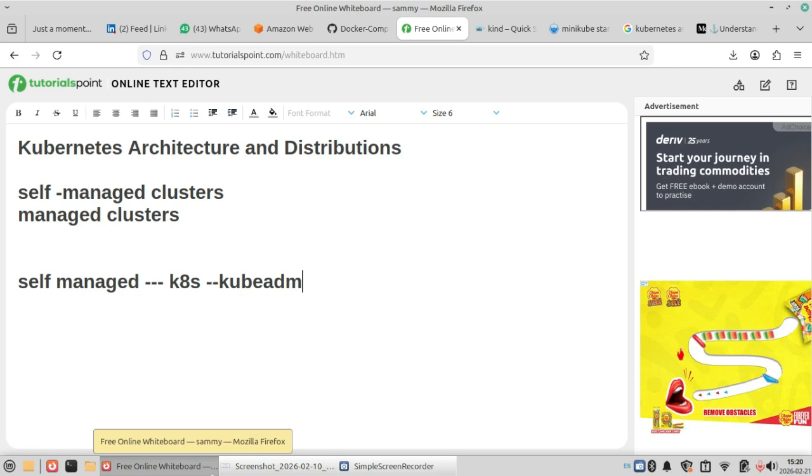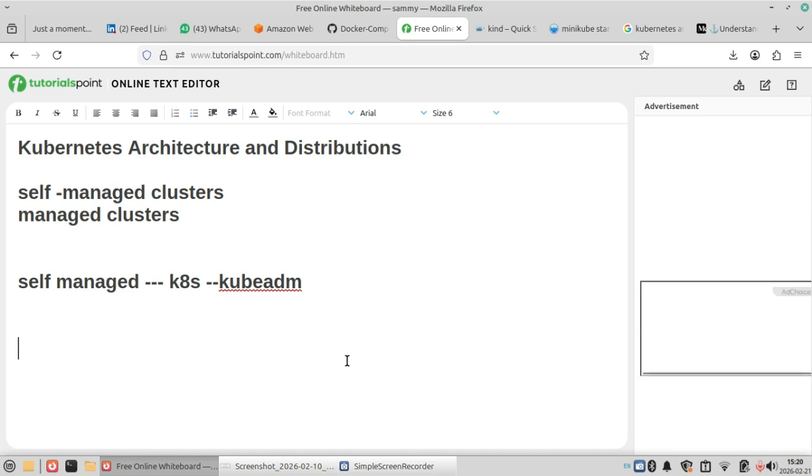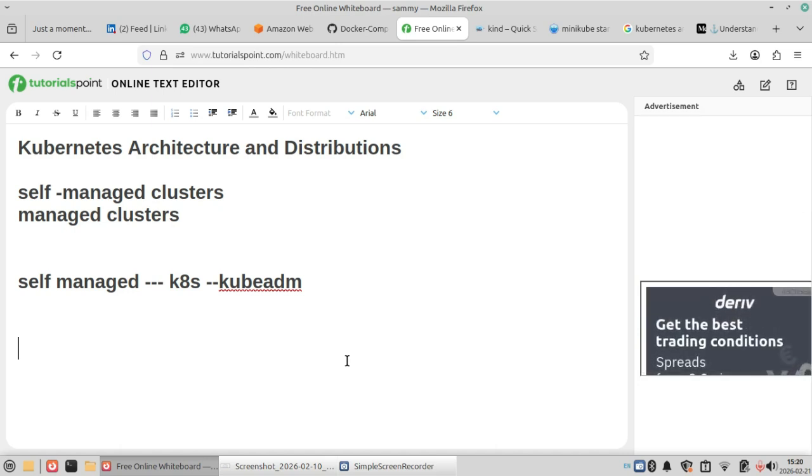Now, how about the managed clusters? In a managed Kubernetes, the cloud provider runs the control plane for you. All right. That means the cloud provider manages your API servers, etcd, upgrades, and high availability.